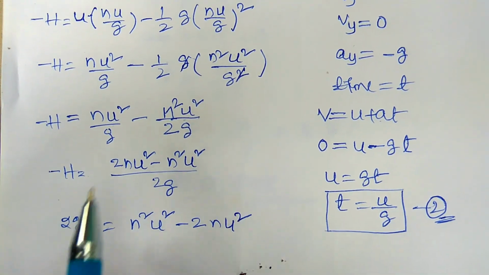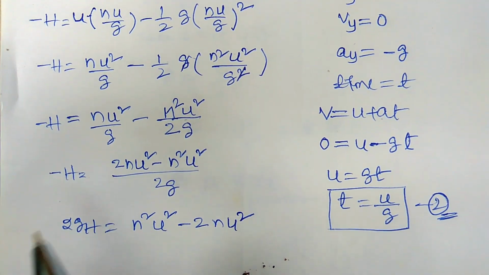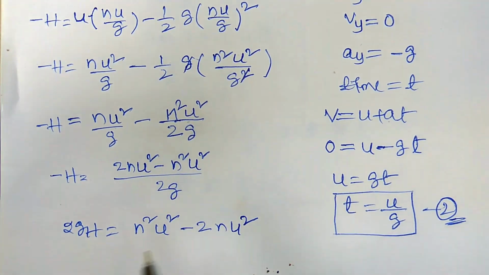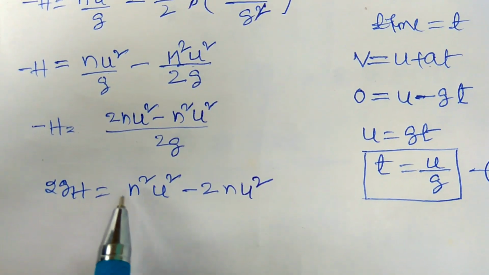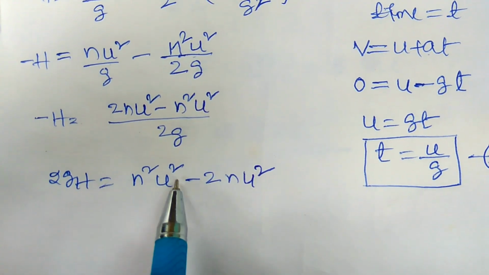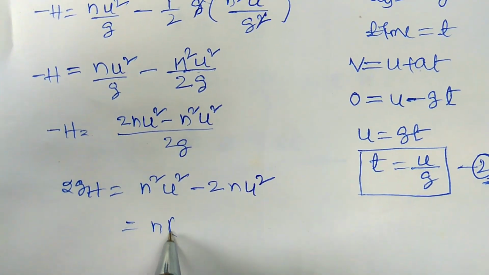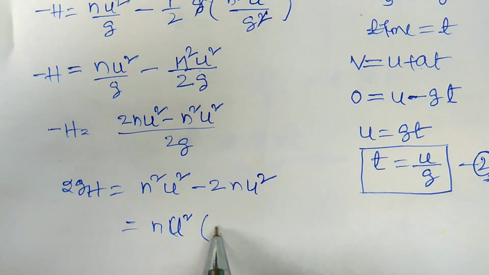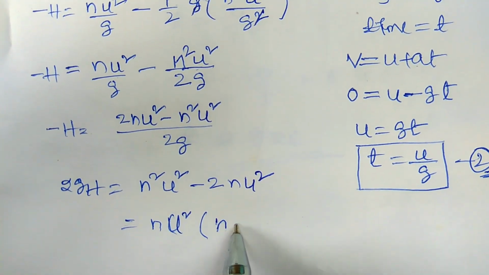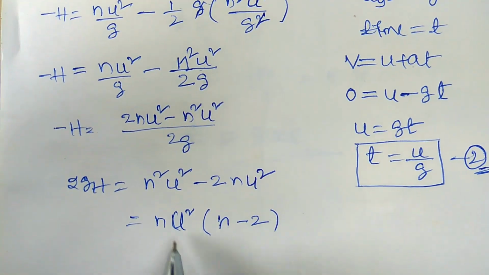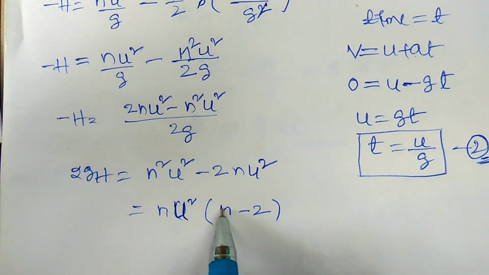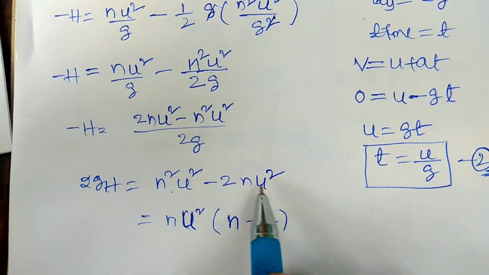Minus will be common, or we can multiply by the minus value. Here we need to observe that n u square is common, so n into u square will be common, then remaining here there is n and there is 2.